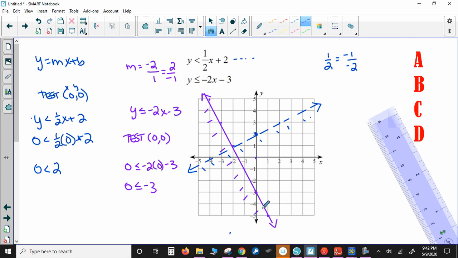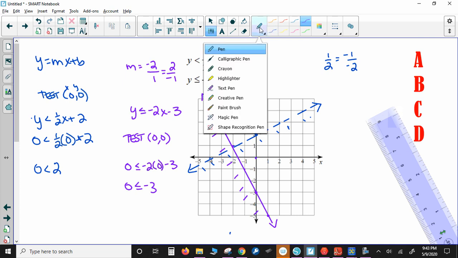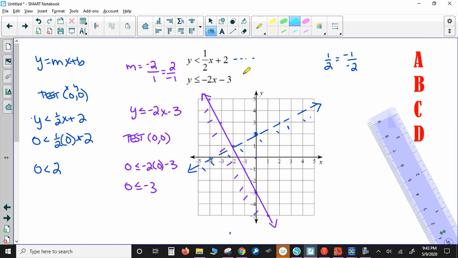Well, what's the part that works for both lines? The part that works for both lines, and I don't have the ability to shade lightly for this. You would just hold your pencil very, very lightly. I don't want you using a highlighter just because I do on the smartboard. I don't have the same ability that you have with paper. But the part that we're going to finally shade is the stuff that works for both.